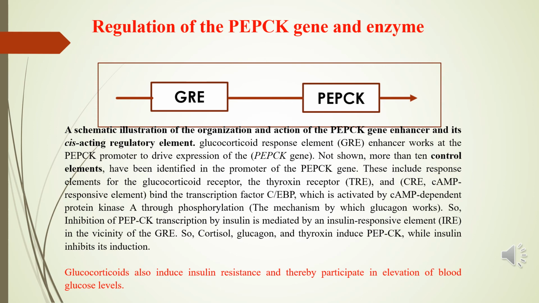Cortisol, glucagon, and thyroxine induce phosphoenolpyruvate carboxykinase, while insulin inhibits its induction. Also, glucocorticoids were found to induce insulin resistance and thereby participate in the elevation of blood glucose levels.